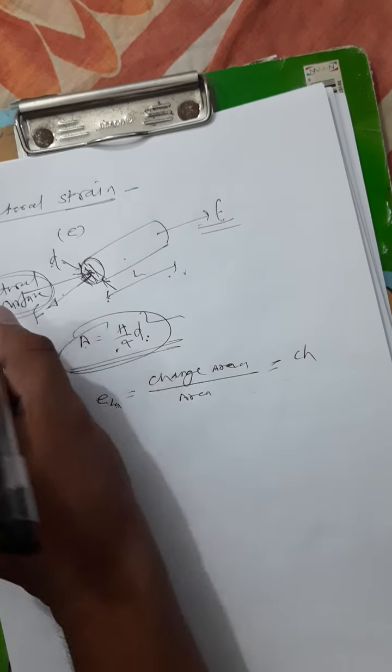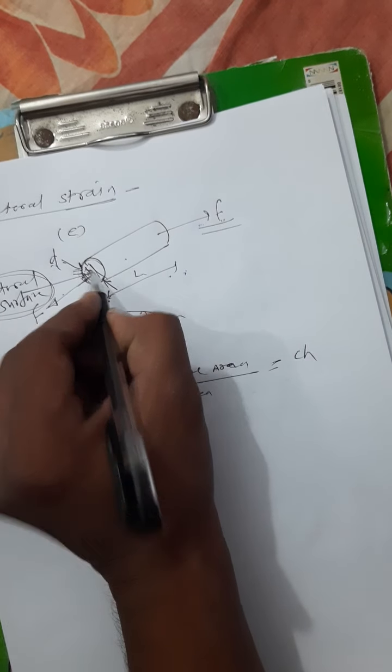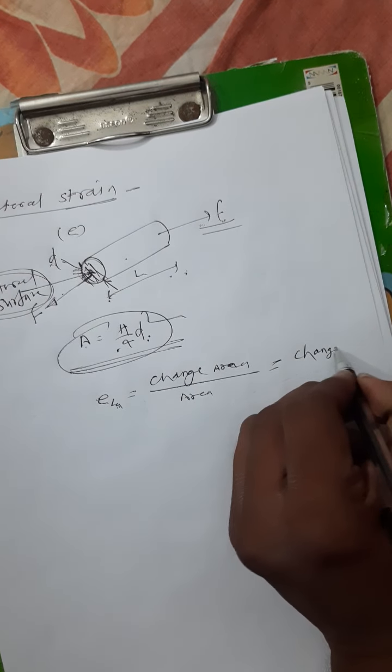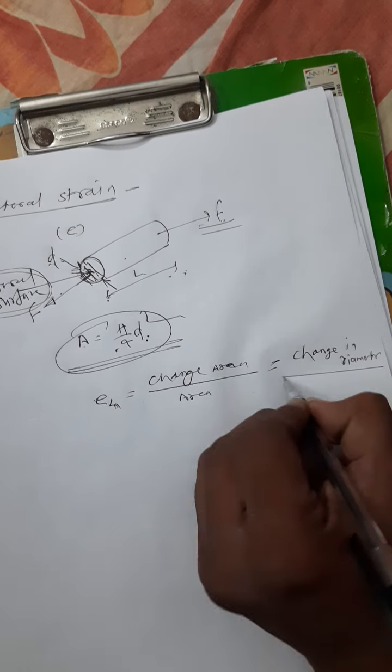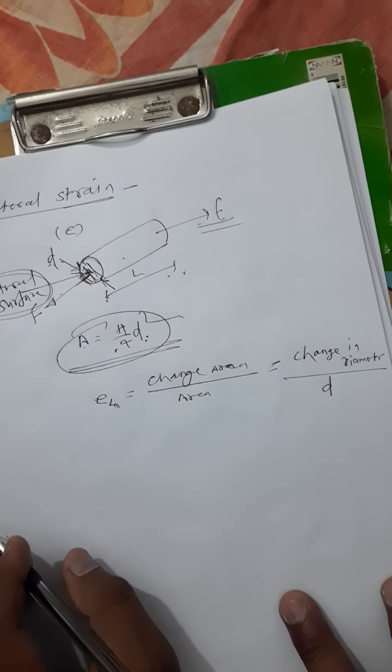Lateral area depends on diameter. So lateral strain means change in diameter to original diameter.